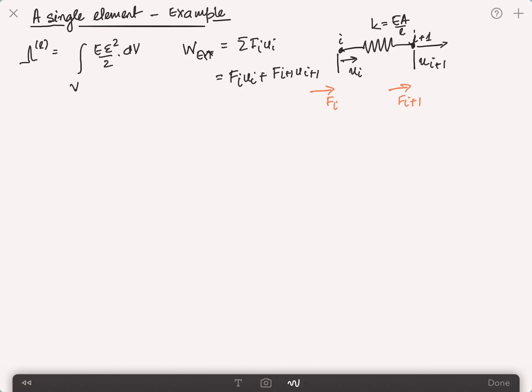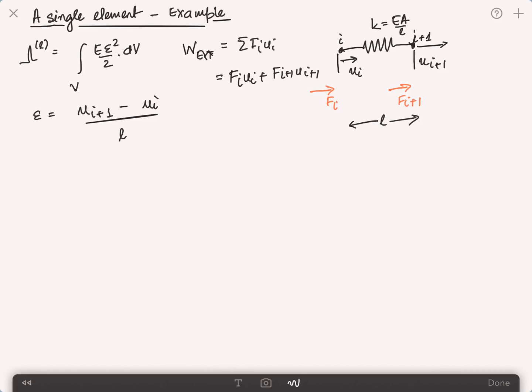Now let's get to the strain energy. The strain energy equation consists of one quantity which we can define, which is the strain. The strain in the element can be defined as the difference in the displacements on both sides, ui plus 1 minus ui, divided by the length of the element, which is L, because I already defined the stiffness.